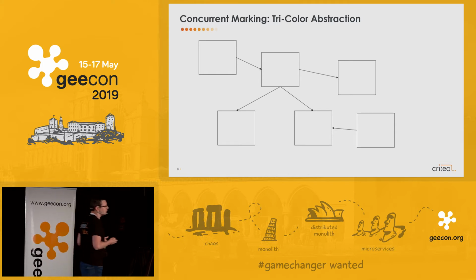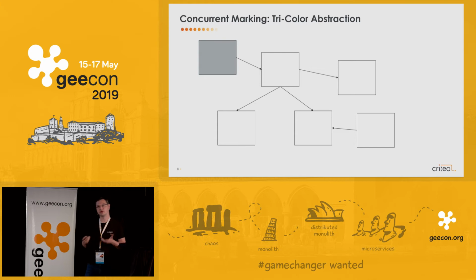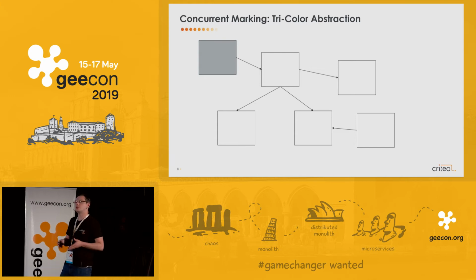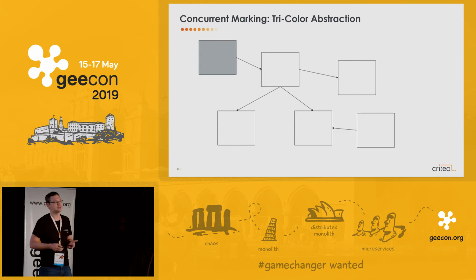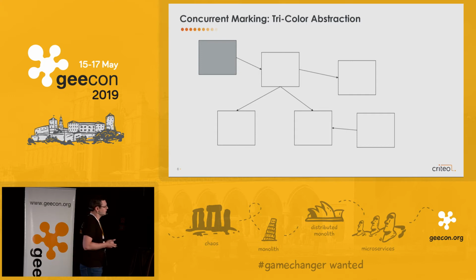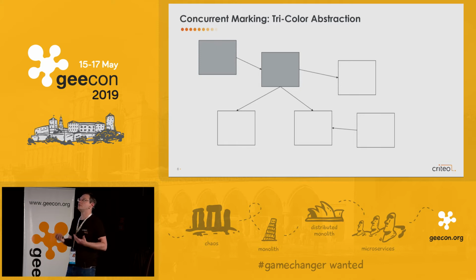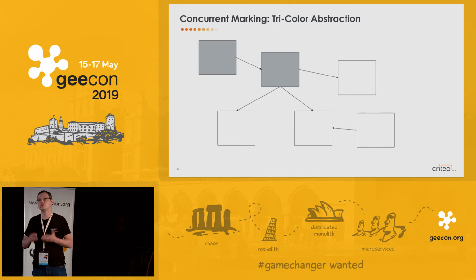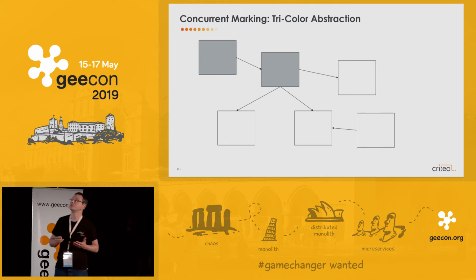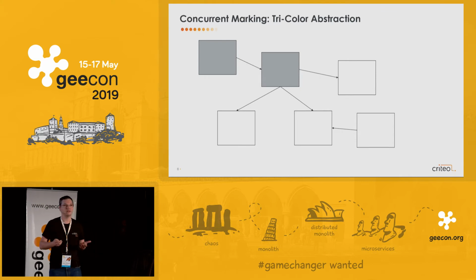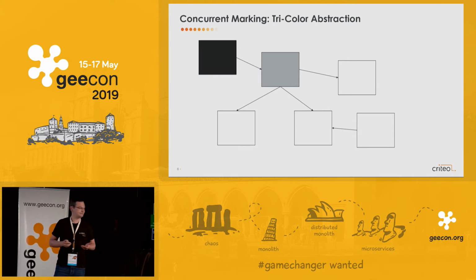We begin with the GC root and mark it gray. Then we proceed with all the children of this object. There is only one, and we mark it gray. Since we have marked all the children of the first object, we can then mark it black.